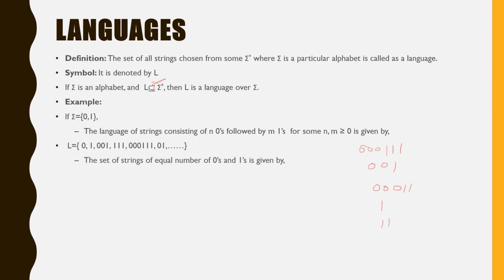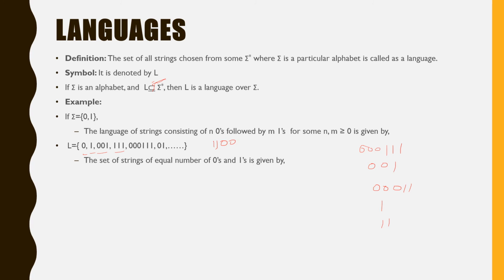So these are some examples: single 0, 1, double 0, 1, only ones because the number of zeros is 0. And you cannot have a string like 1 1 0, because after a 1 is read, I should not read a 0. So any number of zeros followed by any number of ones.